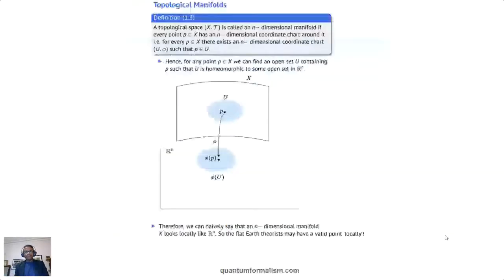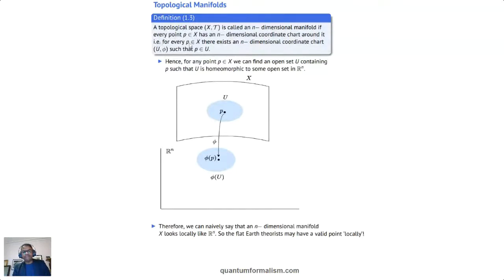Now, here's the definition of a topological manifold. A topological manifold, or in this case an n-dimensional manifold, is a topological space that has this property: every point in the space has an n-dimensional chart around it.